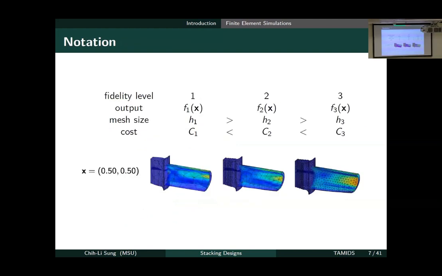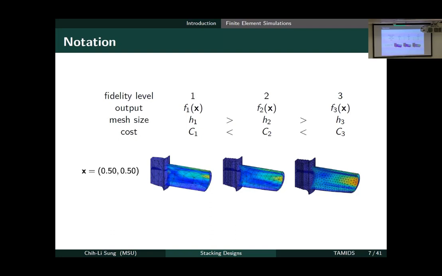Okay, so before I move on, I would like to first introduce some notation. It's not too much. Here, you see we have fidelity 1, 2, 3. The higher the fidelity, the more accurate the solution is. So in this case, F3 is the highest fidelity simulator, and F1 is the lowest fidelity simulator. We have 3 different mesh sizes in this example.